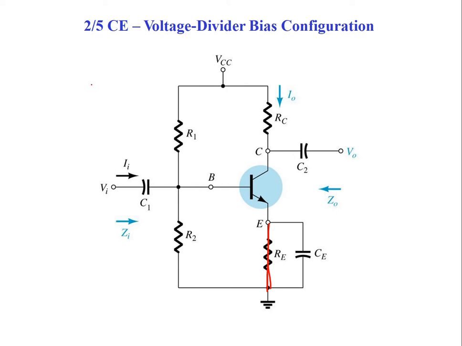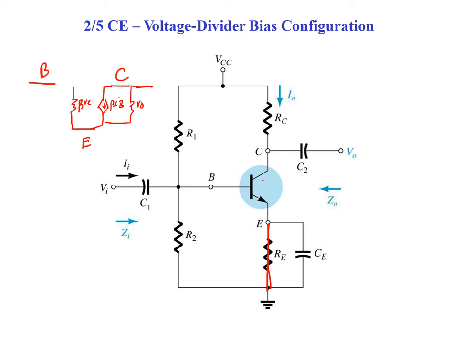So for that, let's draw two lines here. This is your base, this is your collector, and this is your emitter. And we know this transistor model: we have beta times RE here, a current source, beta times IB, and we have an R naught here.